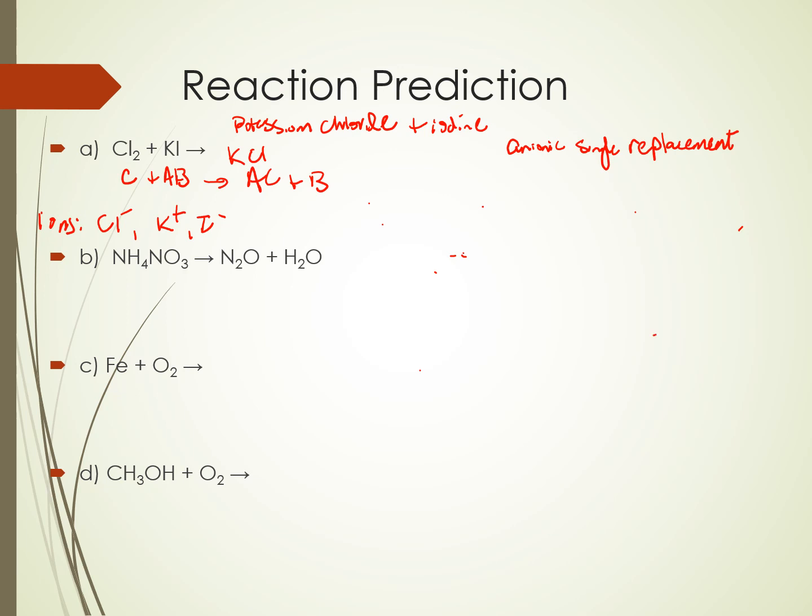And then remember, because the iodine ends in INE, it is one of our diatomic elements. So INE or GEN for the endings, those are your diatomic elements. So I would have I2 to finish off this reaction. From a balancing standpoint, 2 iodines versus 1, I'm going to have a 2 here. 2 chlorines versus 1 chlorine, 2 potassiums versus 1 potassium, I'll have a 2 here as well.